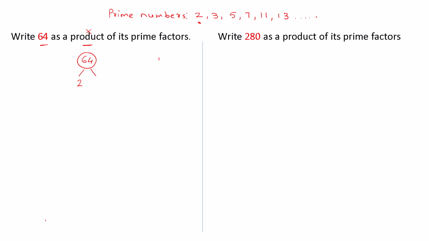You can do it in your head or you can use your bus stop method. 64. And then you ask yourself how many 2s can make 6, 3, how many 2s can make 4, 2. This is 32. Then you can see 2 times 32 is 64. And whenever you get a prime number, you're going to circle it because this is done. So this part is done.